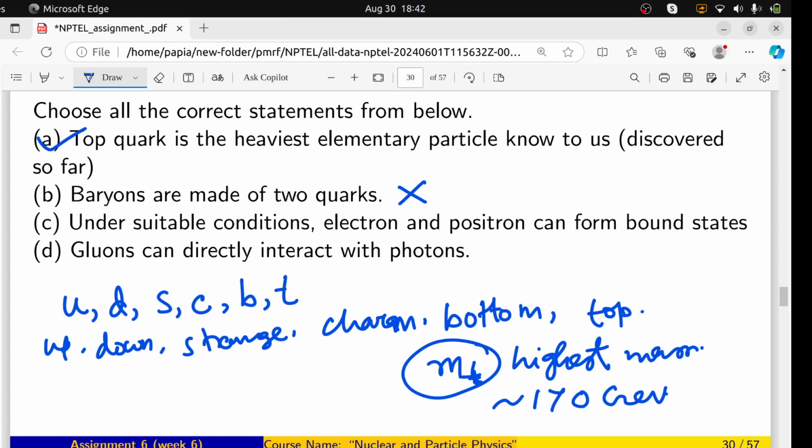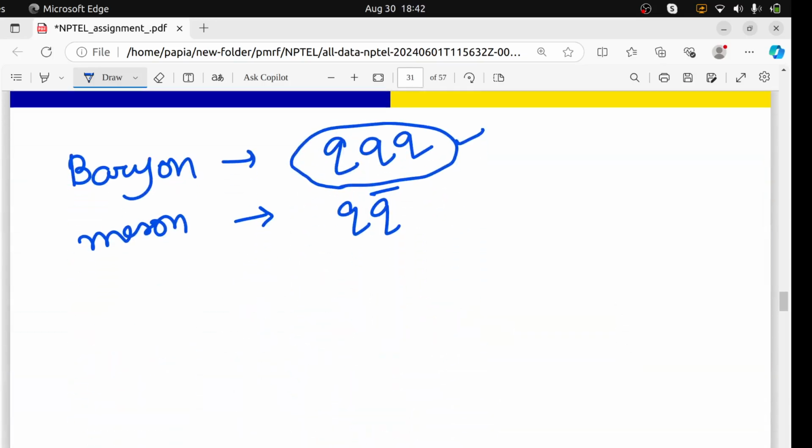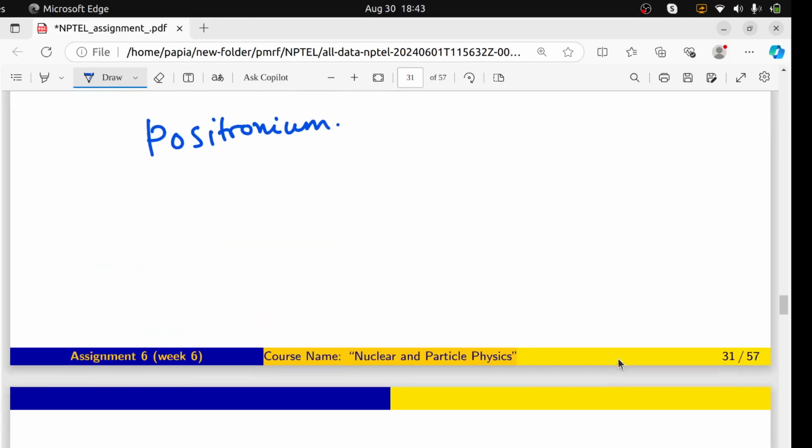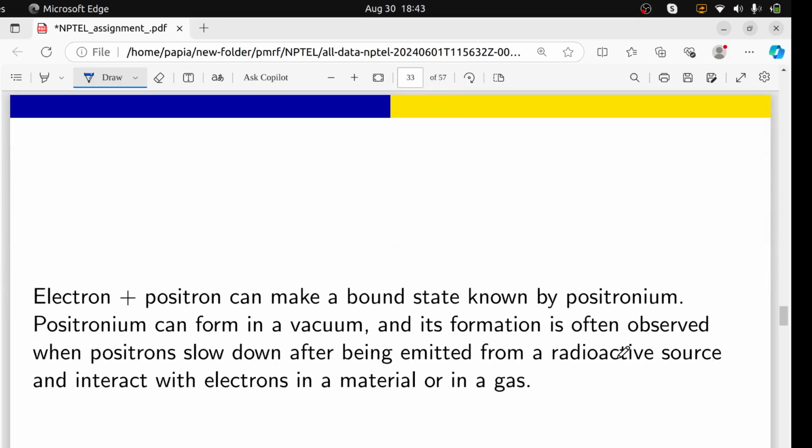Now coming to option C: under suitable conditions electron and positron can form bound states. So electron and positron, e plus, e minus, are going to form a bound state. Yes, this is correct. The bound state is known as positronium.